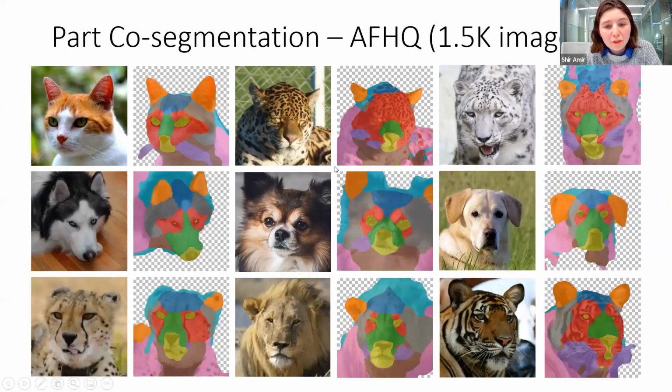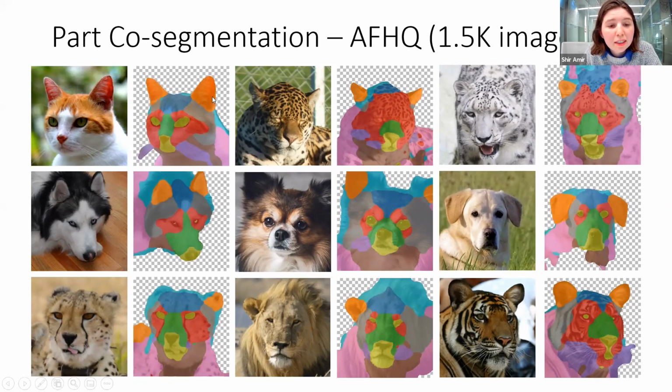And now let's look at a few part co-segmentation results. So here we can see part co-segmentation on the AFHQ dataset, which consists of 1,500 images. And here we only show a few of them. And as you can see, despite the varying appearance of the different images, we can still see consistency across the classes.